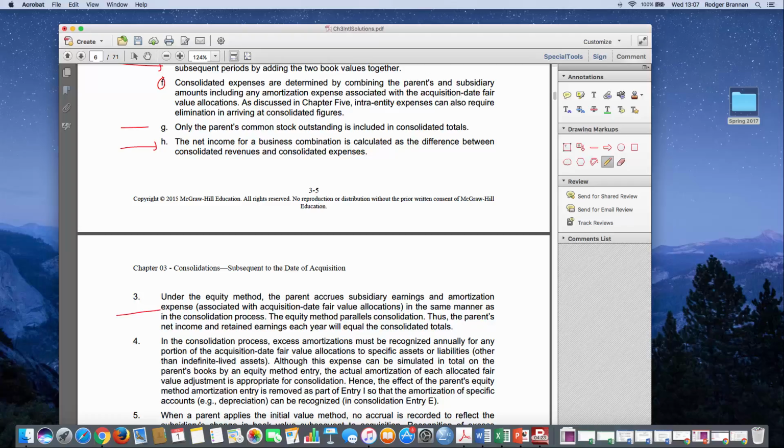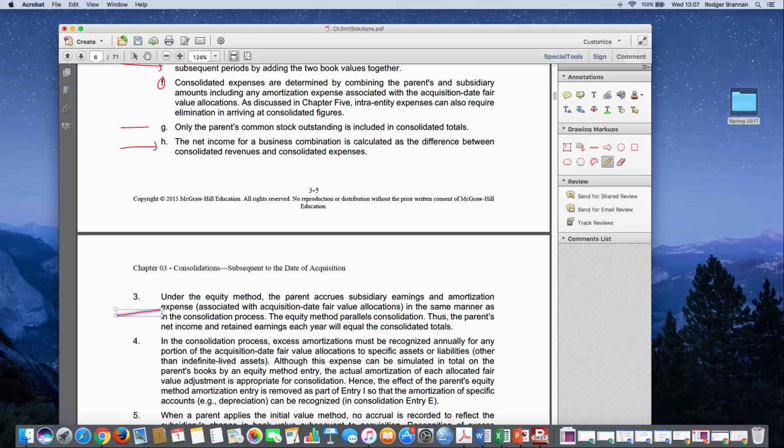The net income that the parent is going to pick up is a result of the subsidiary's revenues and expenses. So everything that's taking place in the subsidiary in terms of operations, for revenues and expenses, is recognized in the net income of the subsidiary. The parent picks up 100% of that amount. That's reflected in the investment account, and likewise it's reflected in the additional earnings that the parent will record on its own financial statements.